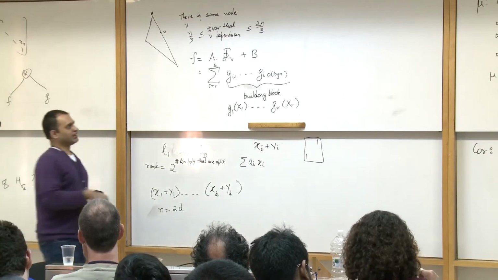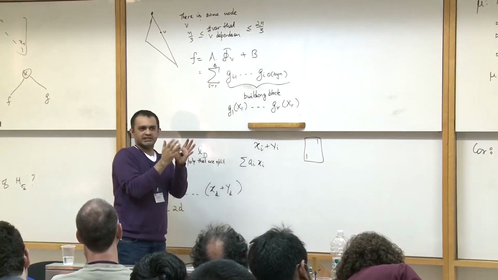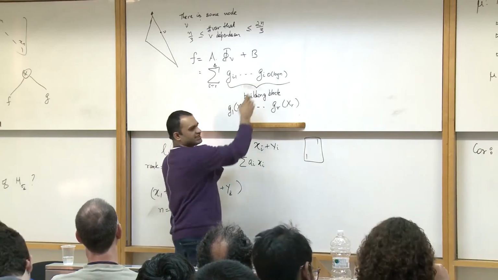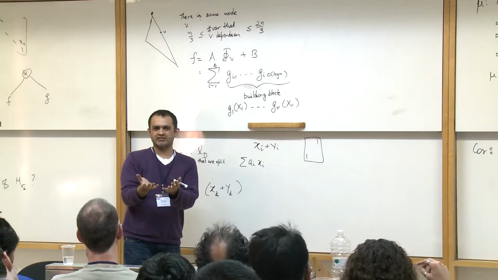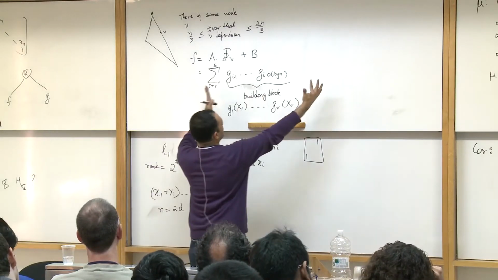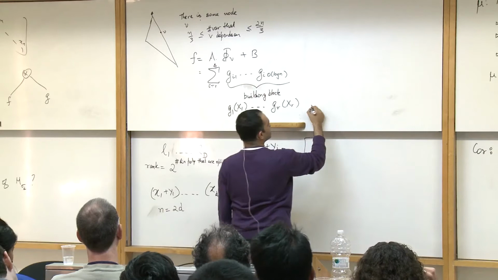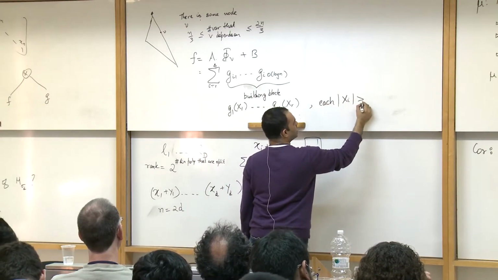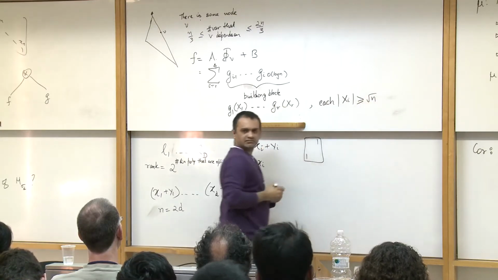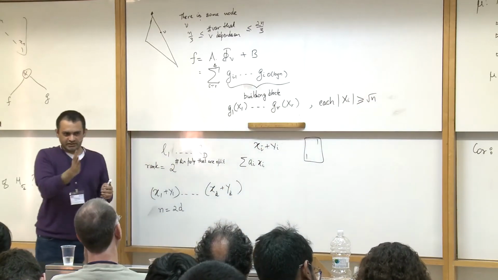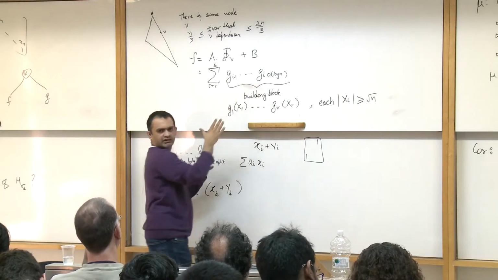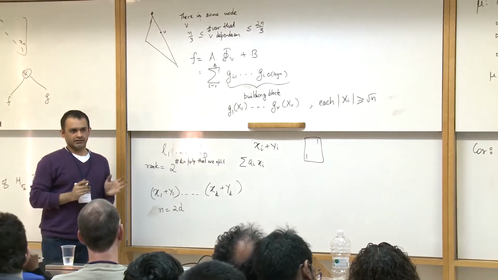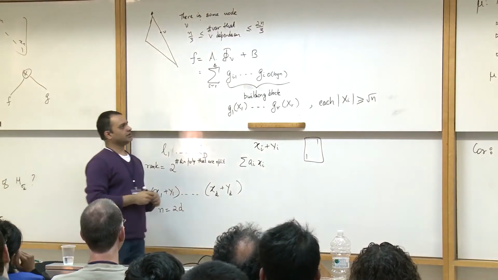Right now what I know is that the number of variables that each g_i depends on is geometrically decreasing. So at some point some of these g_i's will depend on very few variables, let's say constantly many. But let me just club the last few guys together and assume that each x_i is at least something like square root n. Because they're going down slowly, I still have order log n guys that depend on at least square root n variables.